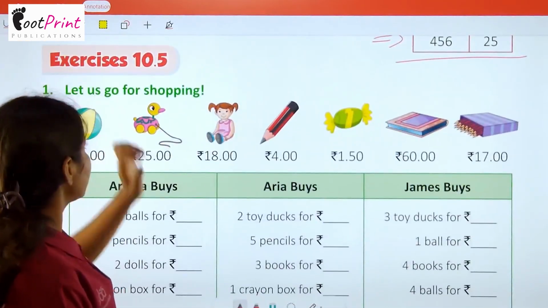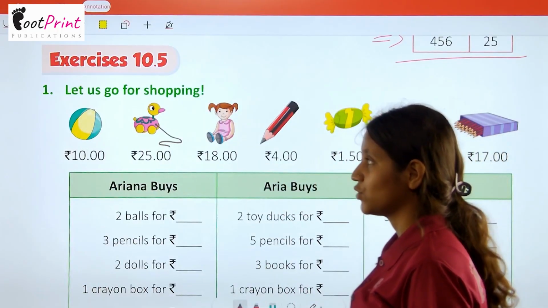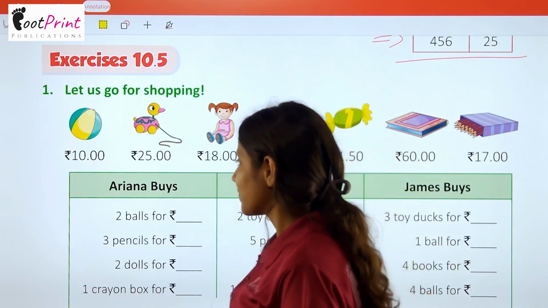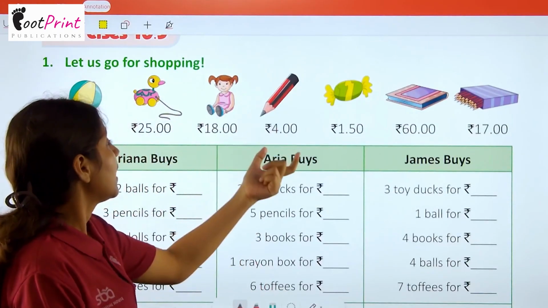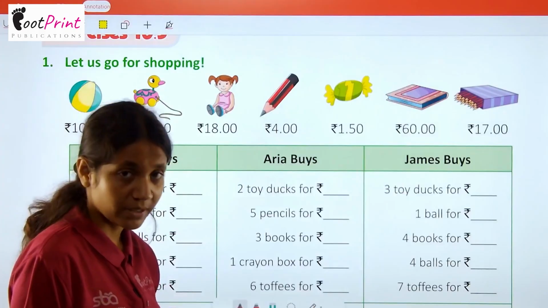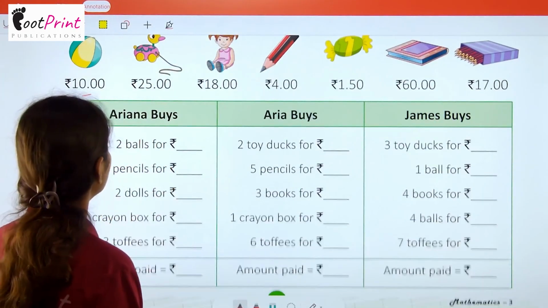Here we have exercise 10.5. Let us go for shopping. Here we have a ball, a doll, a duck, a pencil, a toffee and so many more items. Arina buys 2 balls. Now what will be the cost of 2 balls?